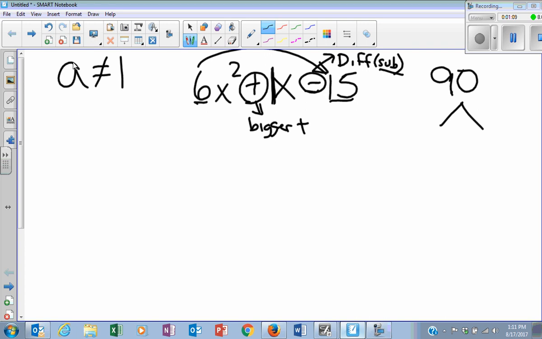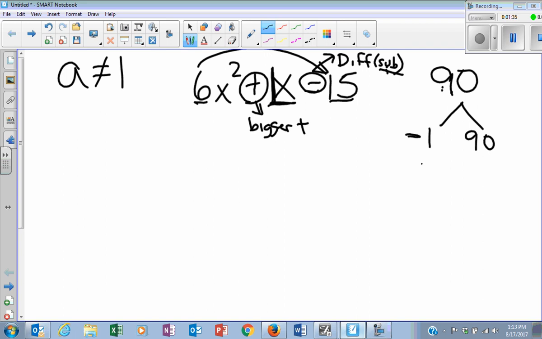9 and 10. And if you don't know that, you could start off, you can do 1 times 90, right? And the bigger number would be positive, so I put a negative with the 1. You following me? Alright, so now I know the bigger number, this doesn't work, because when I subtract 90 minus 1, it gets me to 89, and I'm looking for a 1.